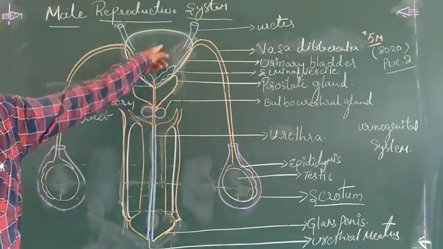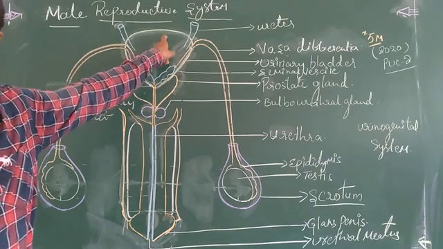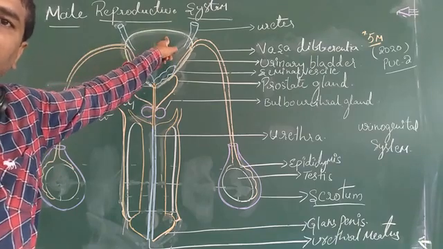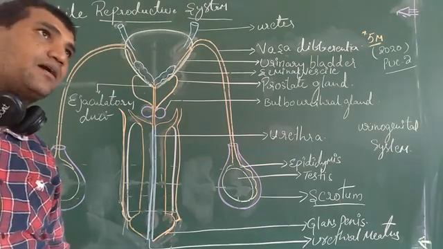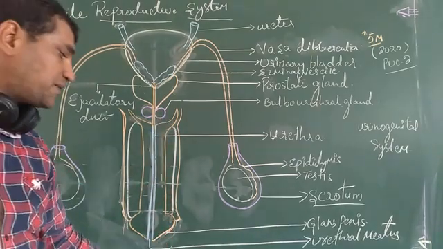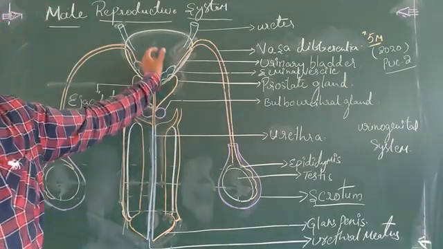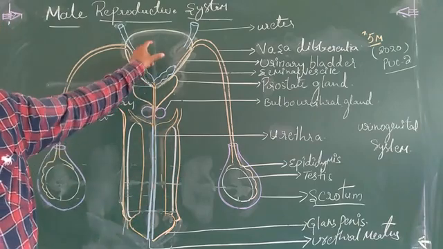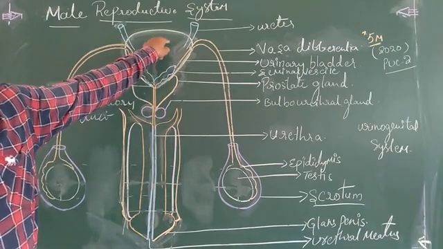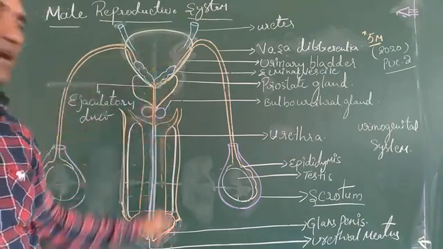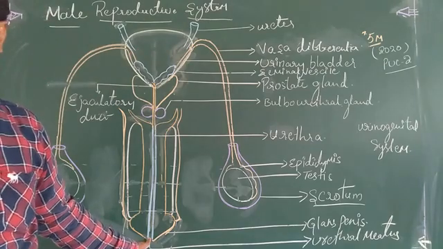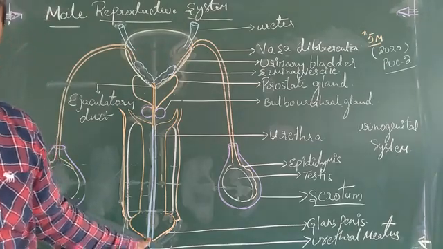So the urethra originates from the urinary bladder and comes out as the urethral meatus. It is a tube-like structure originating from the urinary bladder and exiting as the urethral meatus.